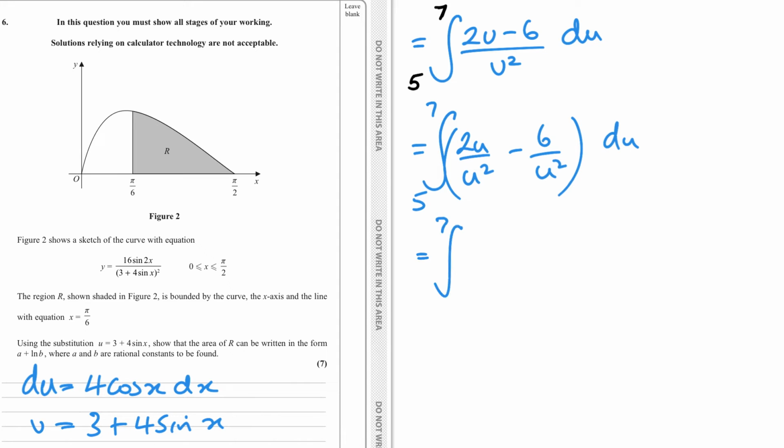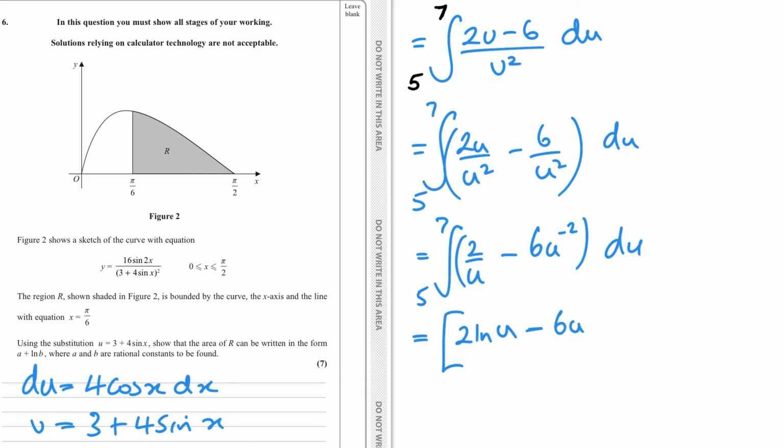So I'm actually integrating 2 over u minus 6u to the minus 2 du. So that gives me 2 ln u minus, so add 1 to the power will be minus 1.